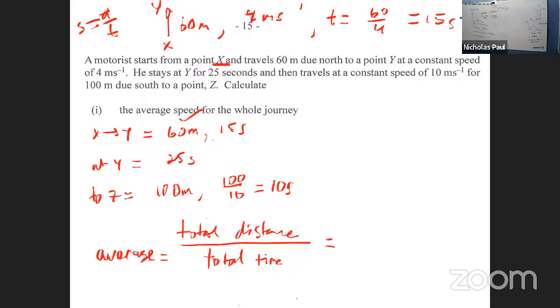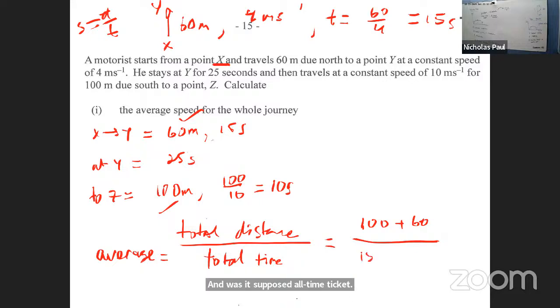No, 60 plus 100. Total. And what's the total time taken? Yeah, add up all, right? 15 plus 25 plus 10. You're adding up all the distance and adding up all the time, and we got 3.2 meters per second. So we broke it up part by part, and we worked it out, right?